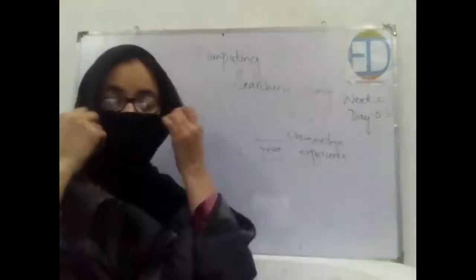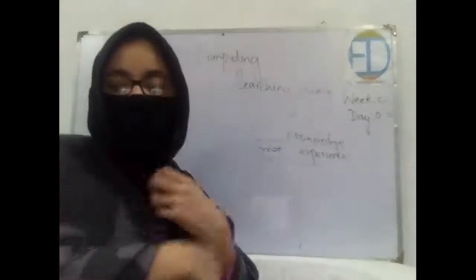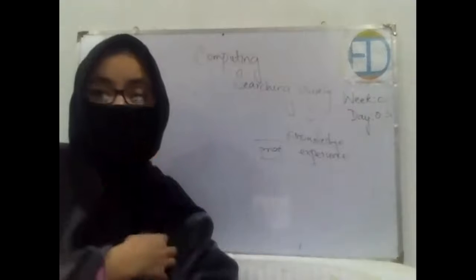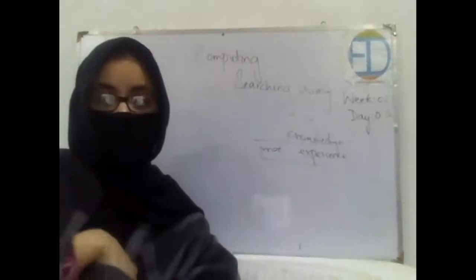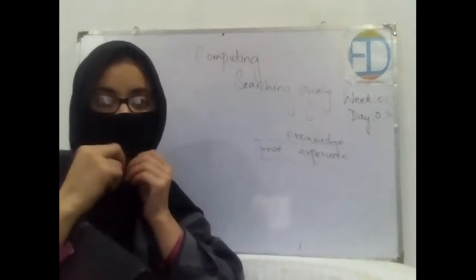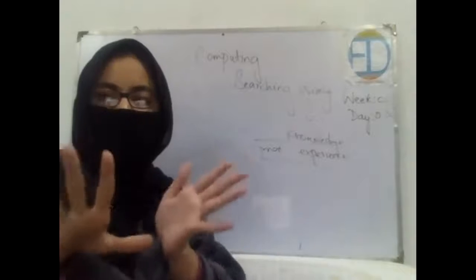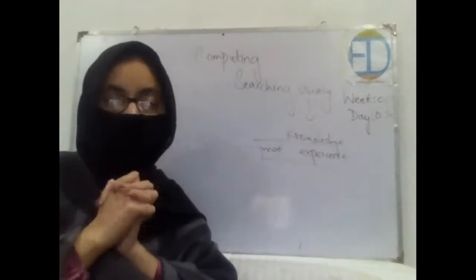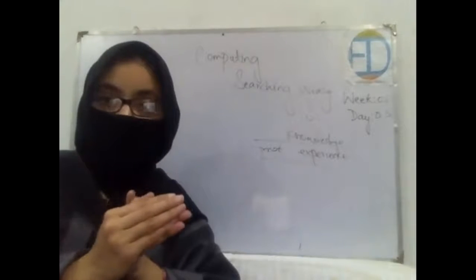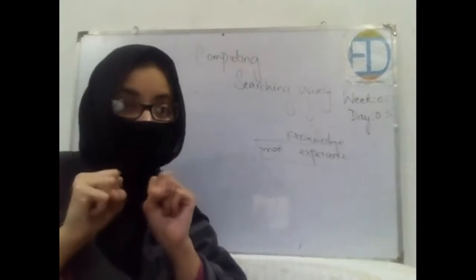Got it? Now, what you are supposed to do, whatever browser you have, either it's Google or anything else, just open it, right? Go to the search bar and search for something. Think about any topic which you want to search for. Then first search it by using some general words, right?